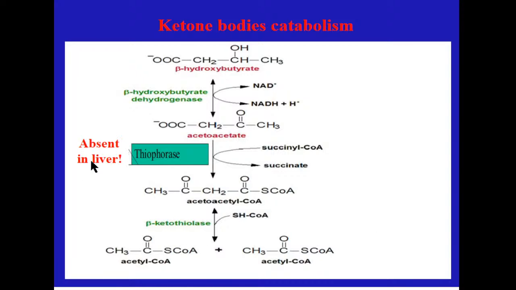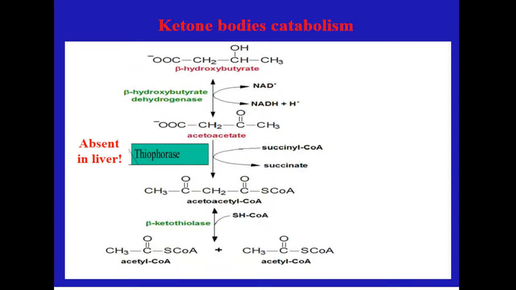As I told you, please mark and put attention that thiophorase is absent in liver, and this is one of the reasons why ketone bodies are not used in this organ. The second reason is the biochemistry logic, in which it is not necessary. We started from acetyl-CoA, we return it to acetyl-CoA in peripheral tissue. So liver already had this acetyl-CoA and could use it for oxidation directly without the stages of synthesis and degradation.